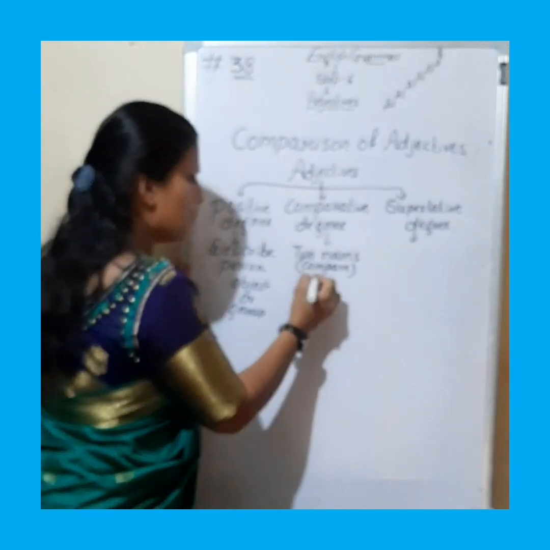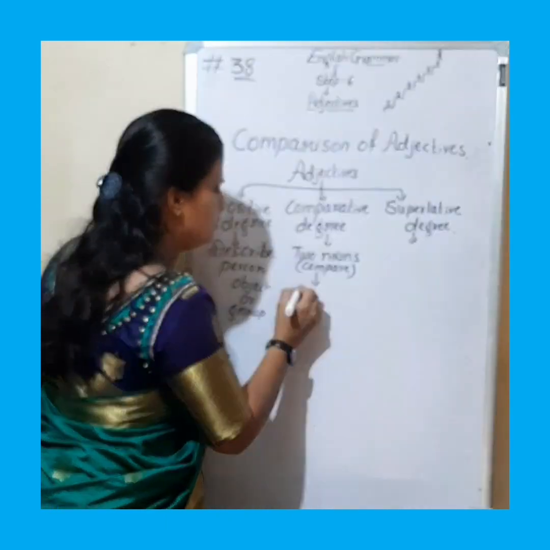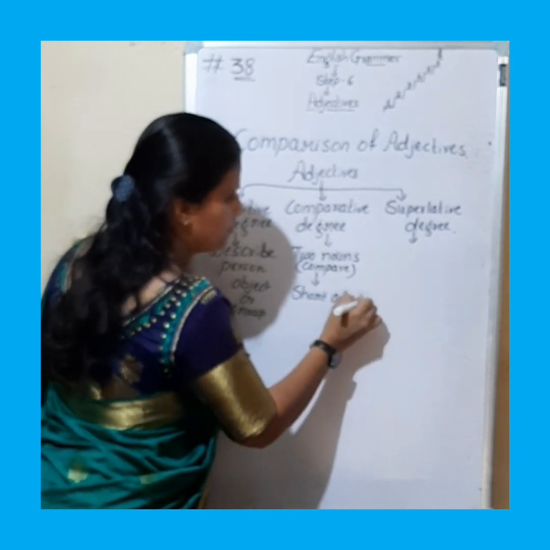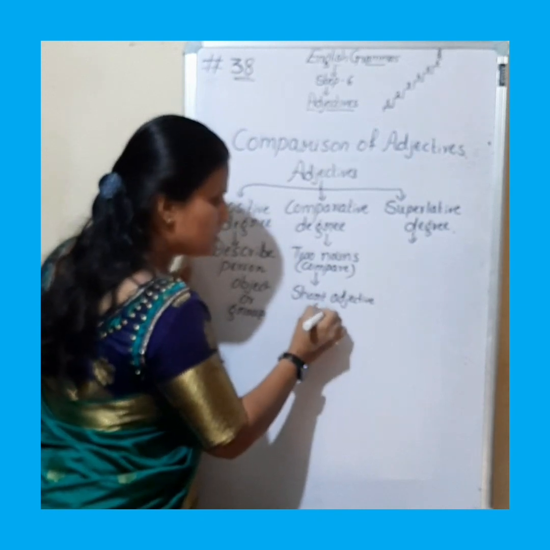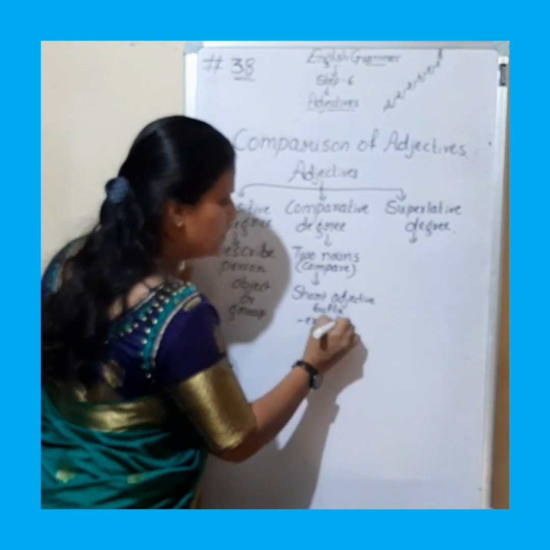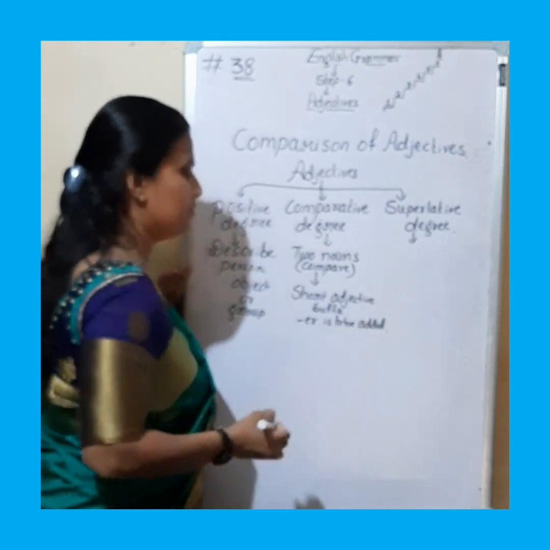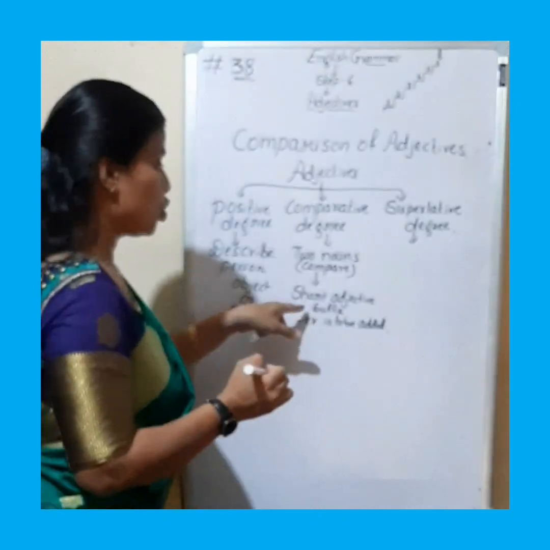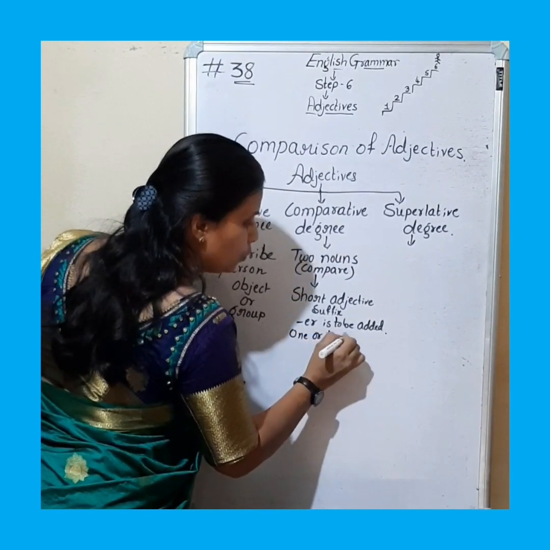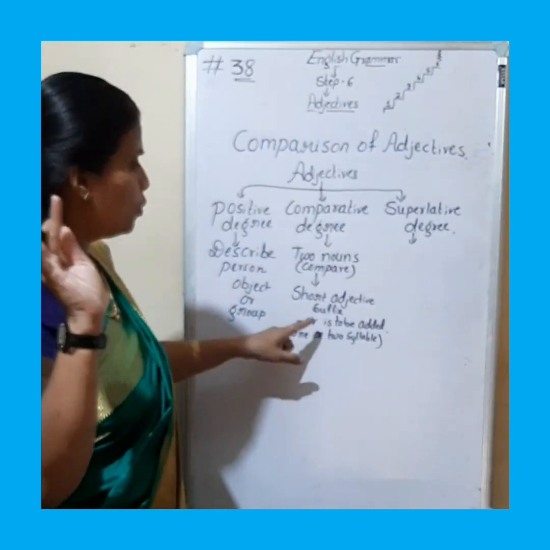Now, if the adjective is a short adjective, then the suffix er is to be added. Short adjective in the sense that it will have 1 or 2 syllables.